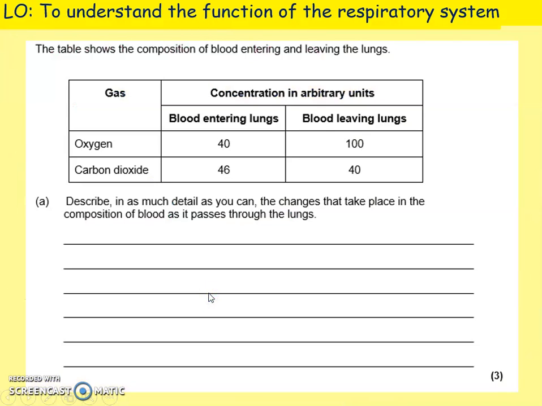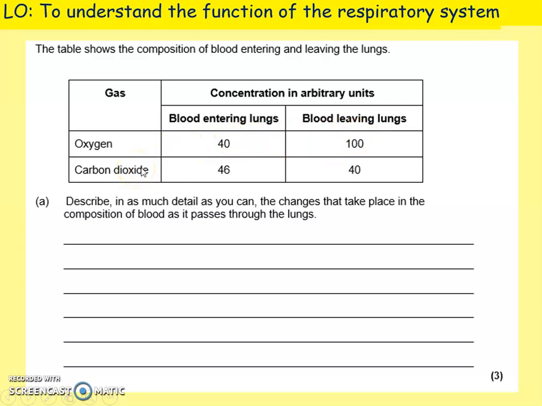So, here's a type of question that you could get based on this topic. The table shows the composition of blood entering and leaving the lungs. So you've got two different gases, oxygen and carbon dioxide. And these numbers show the concentration of the oxygen in the blood entering and leaving the lungs.